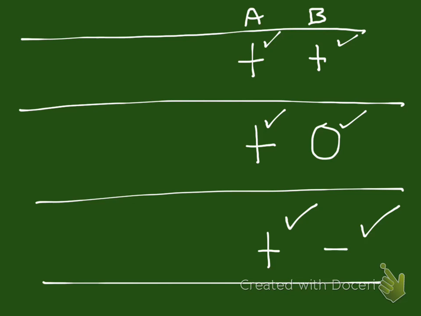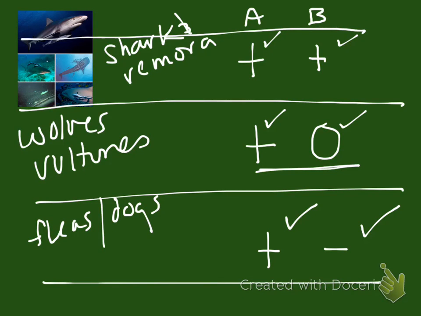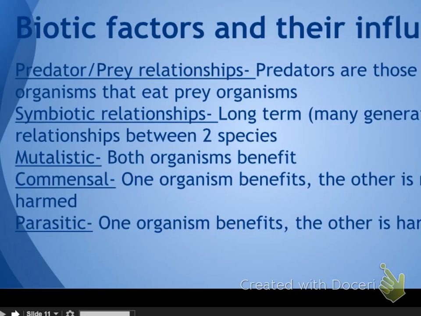Let's look it up. We've got a few of these, and we talked a little bit about domestic relationships. So now let's look at categorizing these relationships. Where would we categorize the shark and remora in that list? So we're looking at these three.